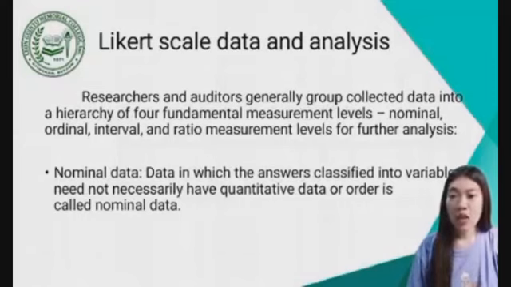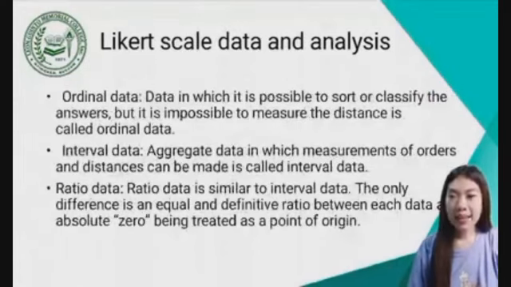Data in which the answers are classified into variables, and need not necessarily have quantitative data or order, is called nominal data. Ordinal data. Data in which it is possible to sort or classify the answers, but it is impossible to measure the distance, is called ordinal data.